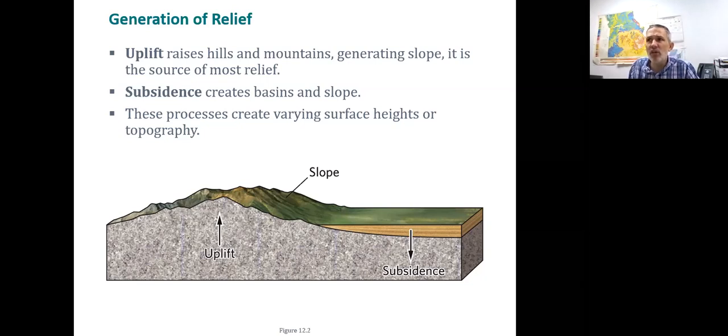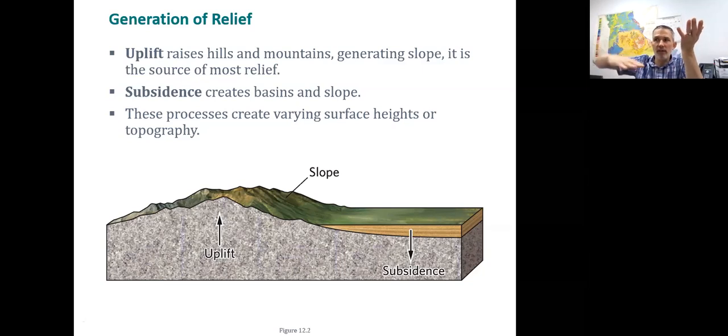And then we have things called subsidence, where isostatically lower regions create things like basins. We started looking at slope, which is the rise divided by the run, or the change in elevation over the distance the area would travel. And so this uplift is causing areas to go up.